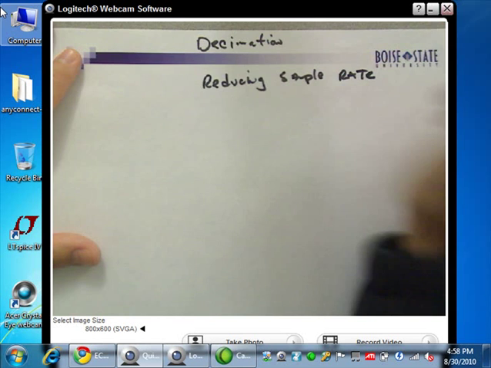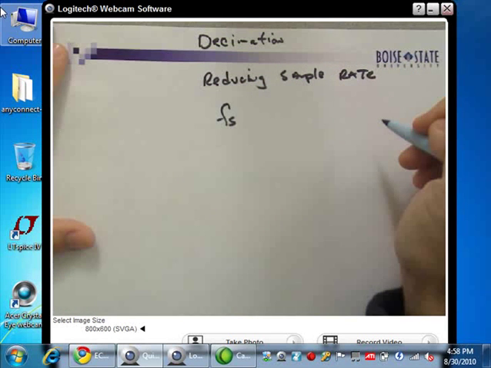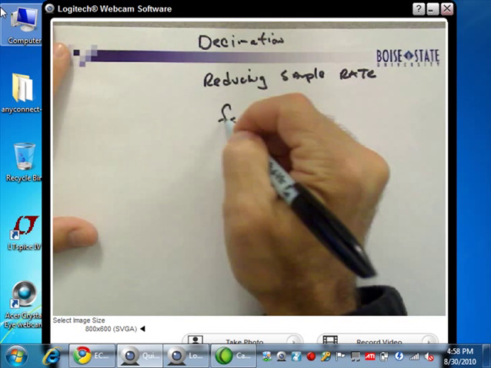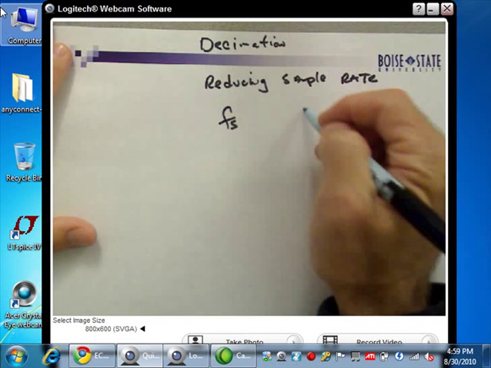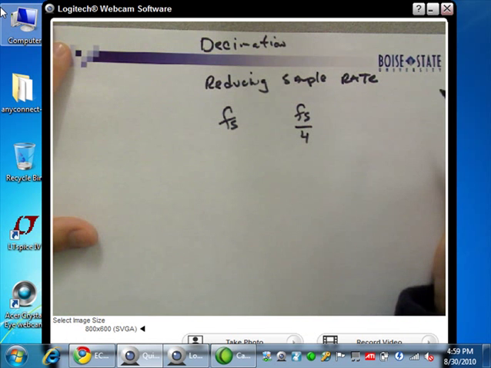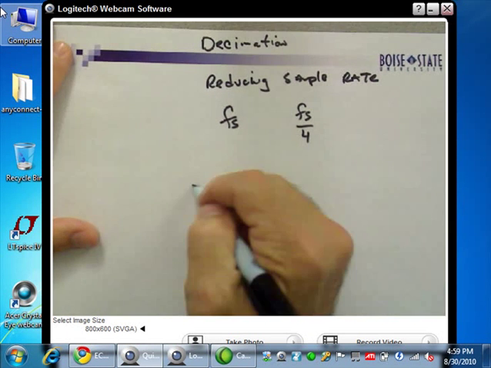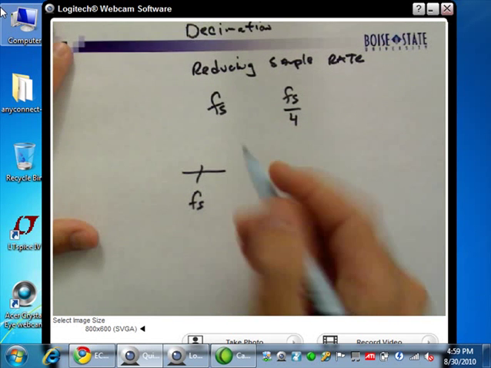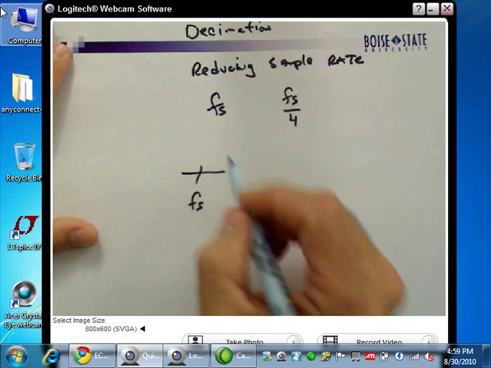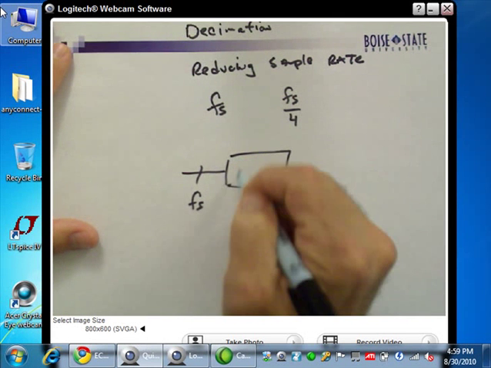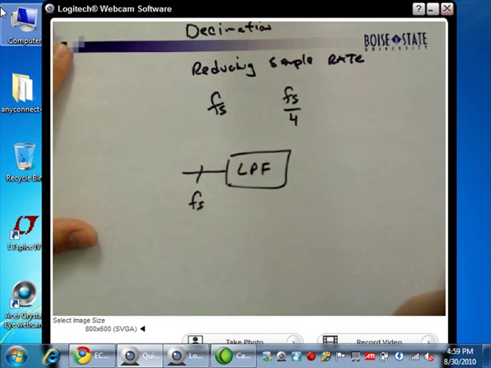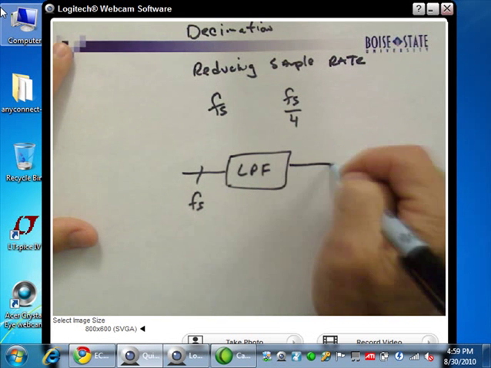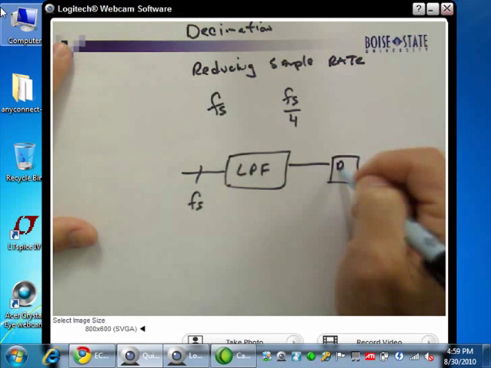So, for example, if I was at f sub s, and it's all discrete time, and I decimated, I might go to f sub s over 4. So if I have a system coming in with words at a rate of f sub s, I pass that data through a low-pass filter. The low-pass filter is an anti-aliasing filter, and I'm going to cover that today in chapter 2. And then I resample at the slower rate.